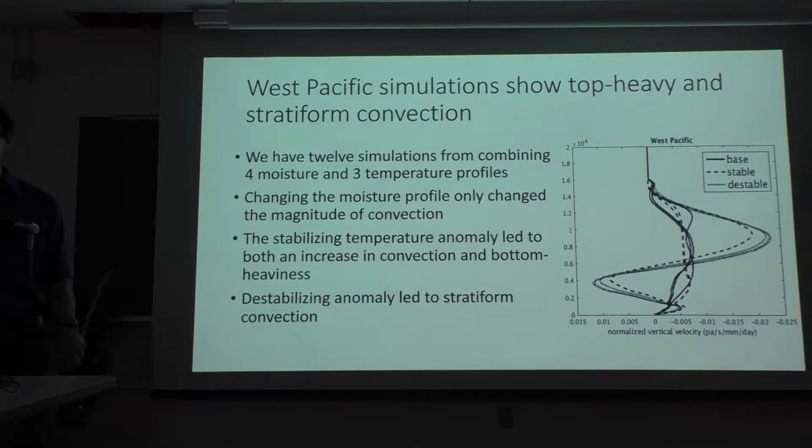But we see the destabilizing profile tends to lead to stratiform conditions, whereas the other ones tend to lead to more convective profiles.